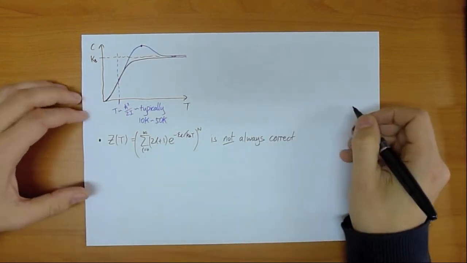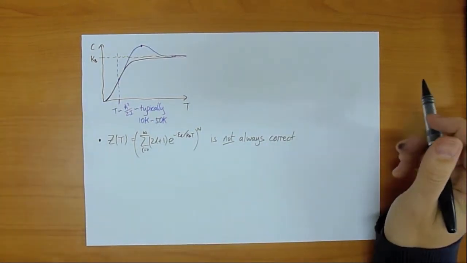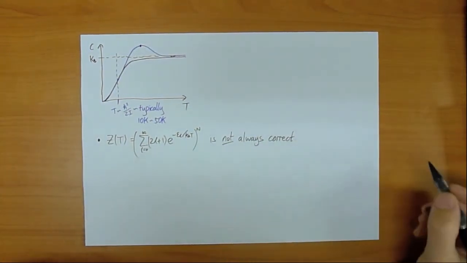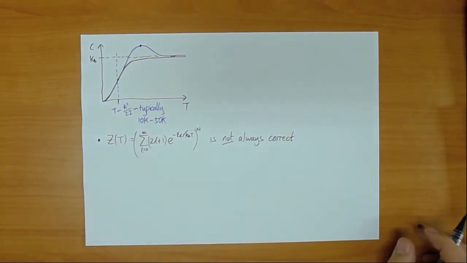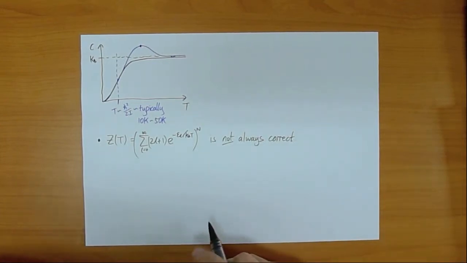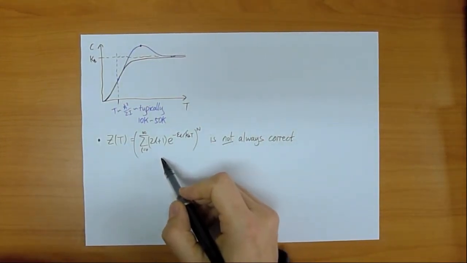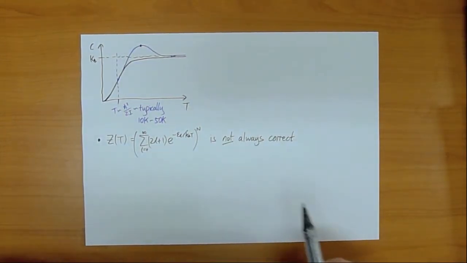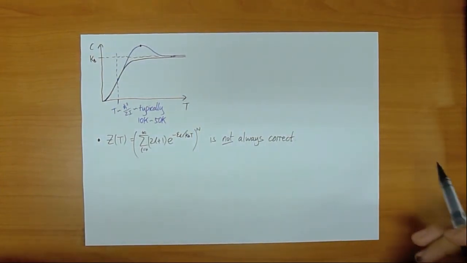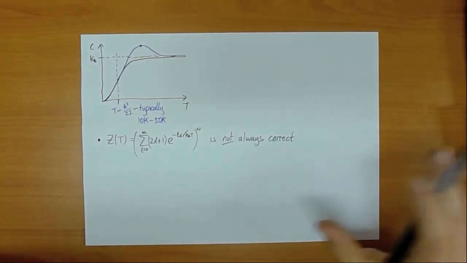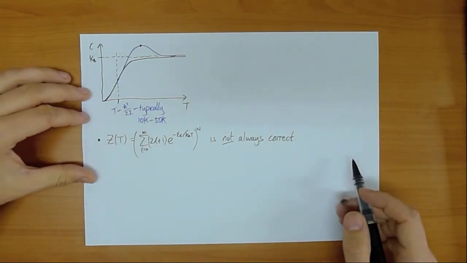The reason it's not always correct has to do with some subtleties of the quantum mechanics in the case where both atoms in the molecule are the same. In particular, it is exactly right if the molecule is heterogeneous. That means the two atoms that make up the molecule are different.